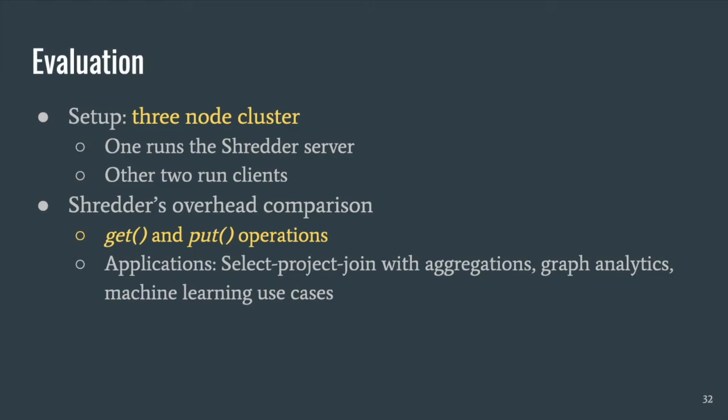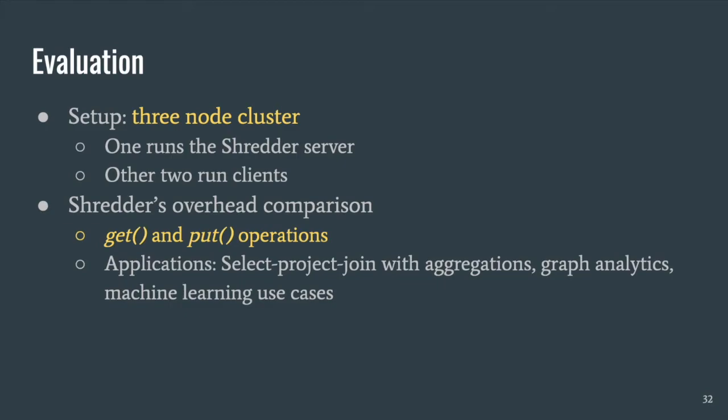Experimental setup. The evaluation was carried out on a 3-node cluster consisting of one Shredder server and 2 clients. Both the clients and the server used a user-level TCP stack with kernel bypass networking. The evaluation explores Shredder's overhead compared to simple get and put operations.